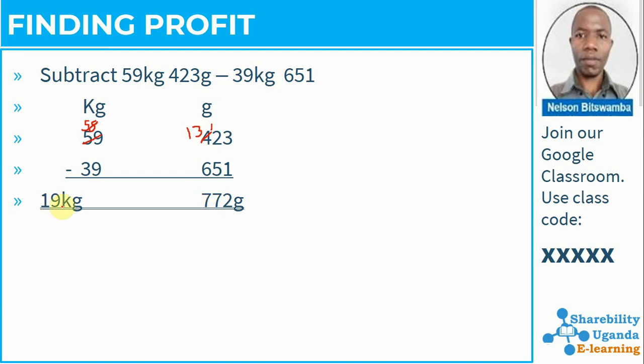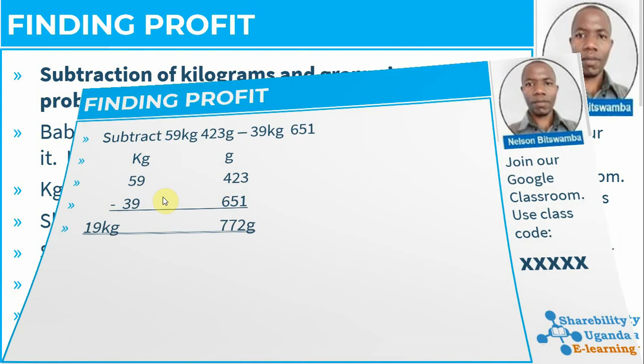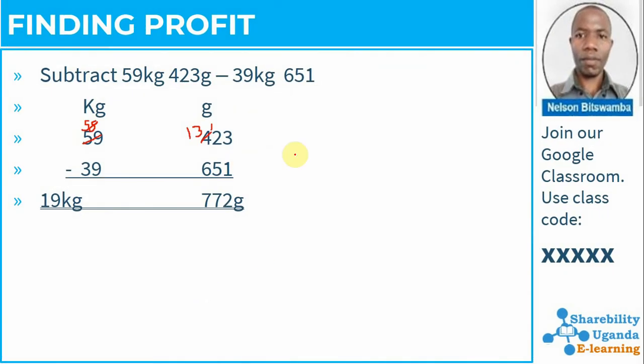So now here we can subtract 58 minus 39. We will still come up with the answer. Or you can use another simple method.